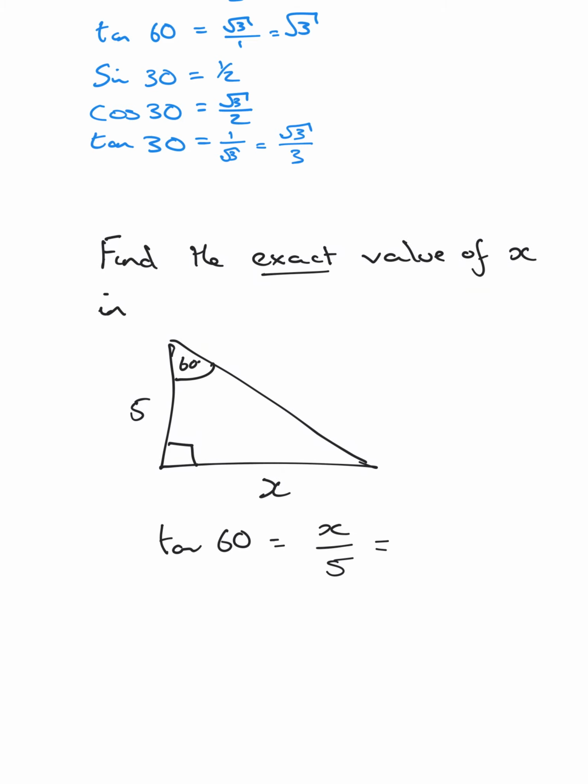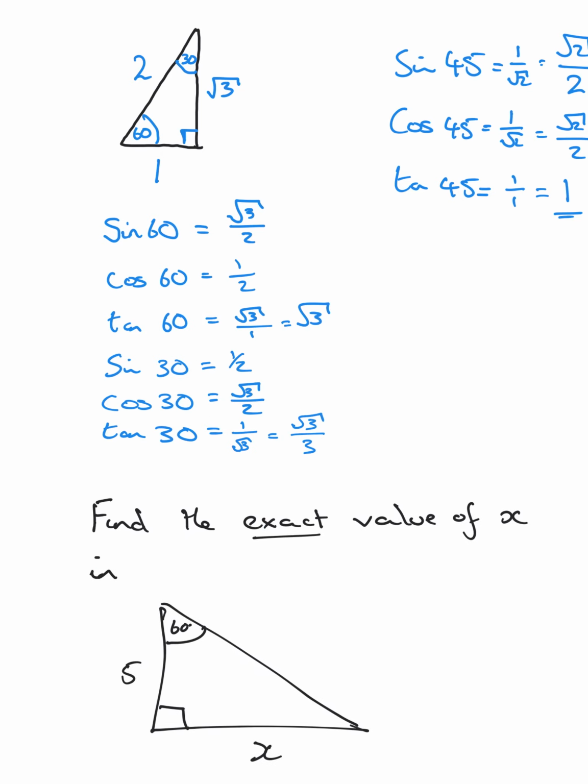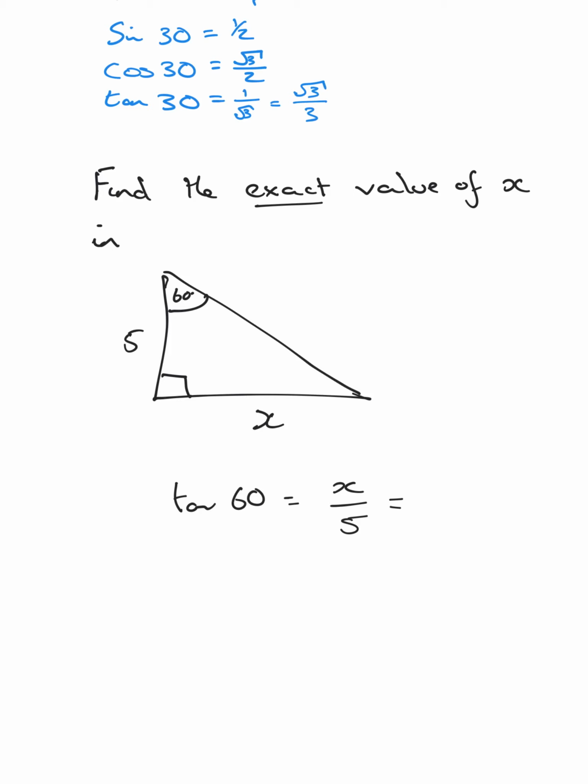Tan of 60 is here, it's equal to root 3. So x over 5 needs to equal the square root of 3, which means x is equal to 5 root 3. And there it is in exact form. Don't plug it into your calculator, you'll undo all the good work you've done. We're finished at that stage.